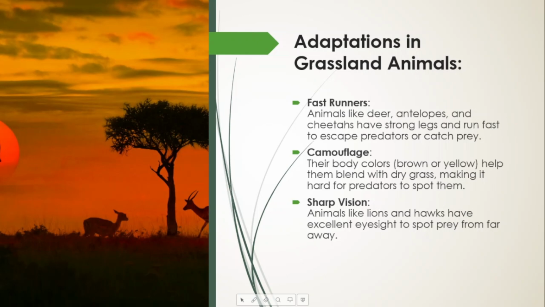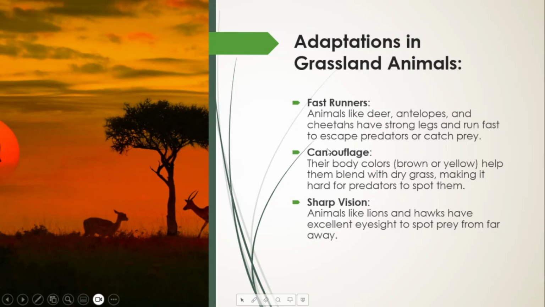Because they can't hide, as there are no proper big trees or bushes, they have to run from their predator. So they need to have strong legs and fast running ability so that they can escape from their predator. So all the animals living in these grasslands are fast runners.